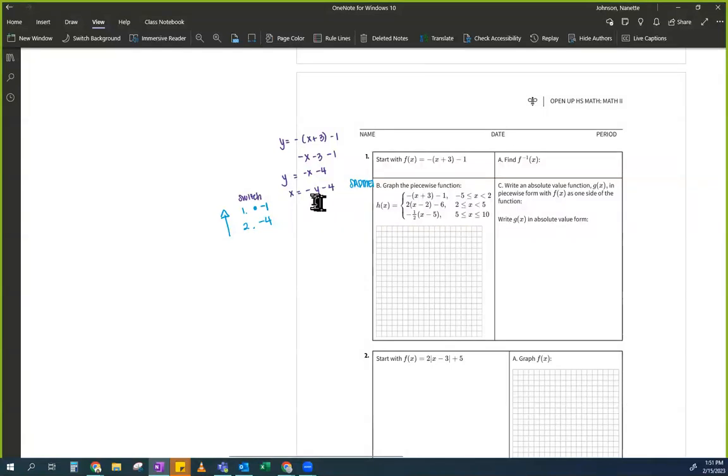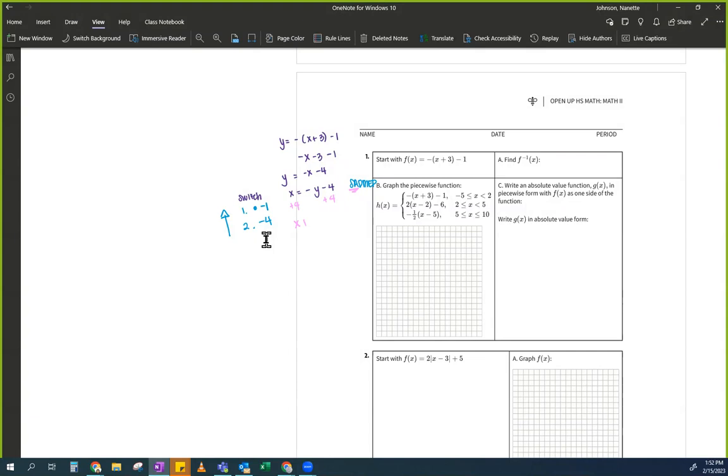I'd say, hey, on the y side, do you see any subtraction or addition? And you're like, I see minus 4, Miss Johnson, which is the first thing I should take care of according to your list down here. So how do I undo subtract 4? How do I inverse subtract 4? I would add 4 to both sides. Very good. So I get x plus 4 equals negative y.